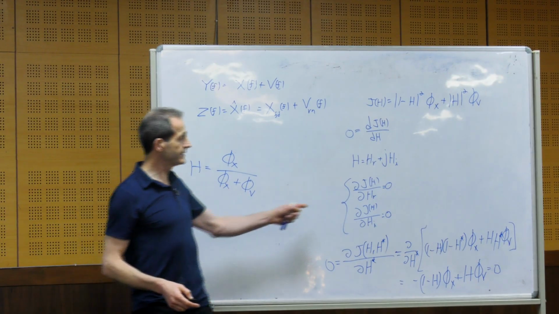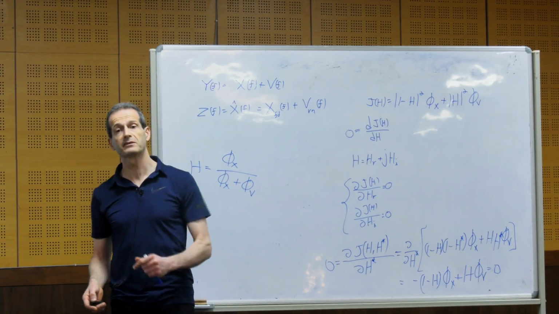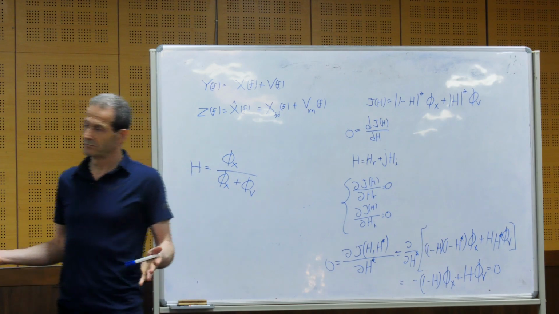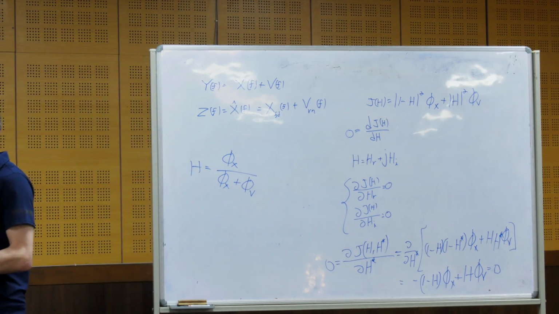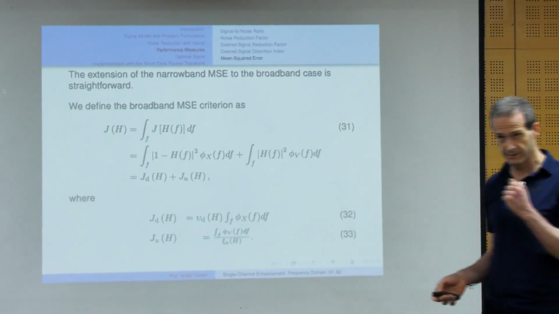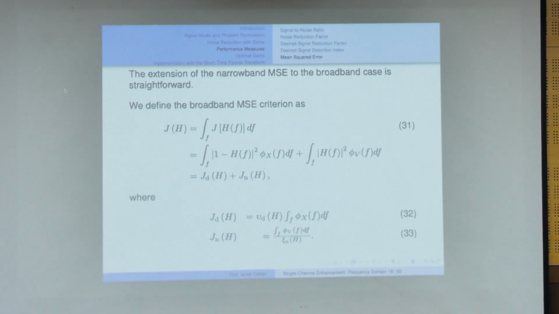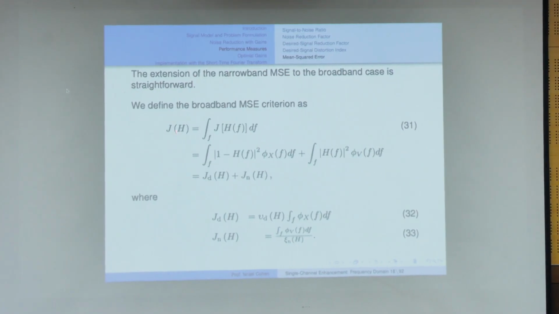So what we find here also minimizes the broadband MSE, because we can work on each frequency according to our model. We work on each frequency independently, and then the broadband MSE is an integral of the narrowband MSE. So if we minimize each one individually, and of course each term of the MSE is a positive number, we minimize the total integral, okay, obviously.